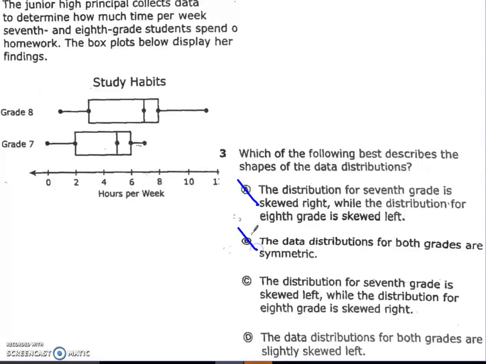No. The distribution for 7th grade is skewed left. Yeah, the tail looks longer here on the left, so maybe left. Okay, while the distribution for 8th grade is skewed right. Yeah, this tail looks a little bit longer here. So I'd say C. The distributions for both grades are skewed left. No, this one's not.